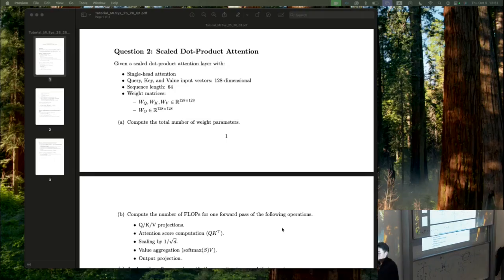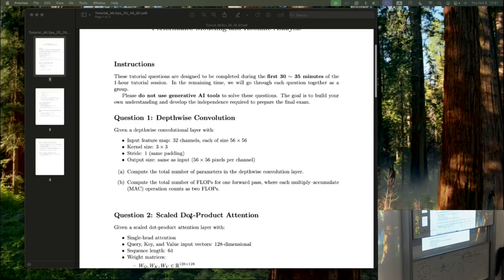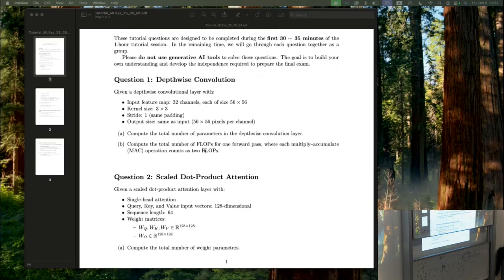Okay, let's go over this. For the first question, I put the formulation in the slide. To calculate the flop count of depth-wise convolution, the key idea is you need to understand what depth-wise convolution is, and that there's no channel accumulation.